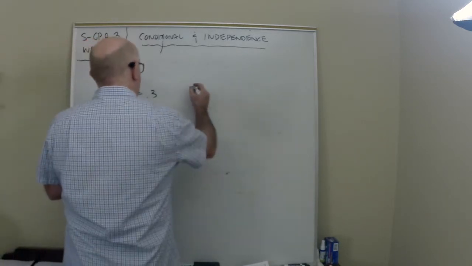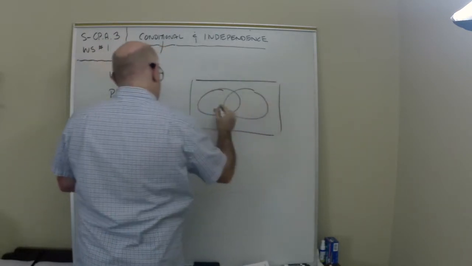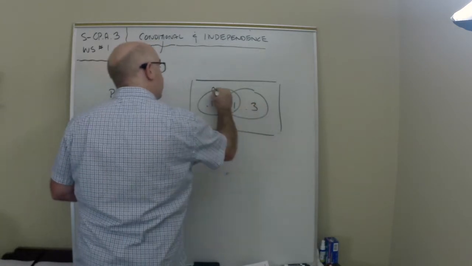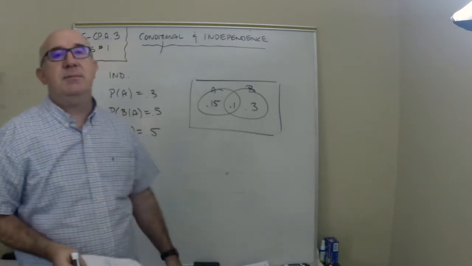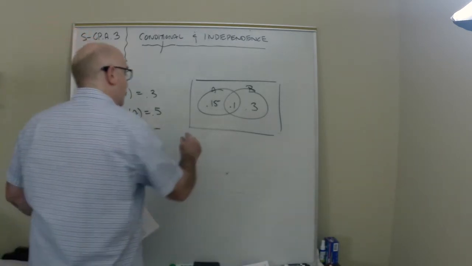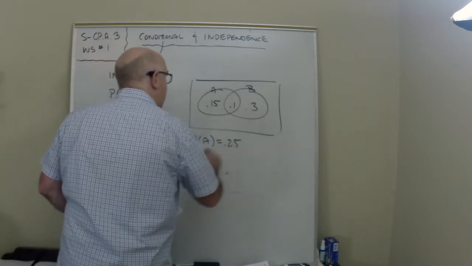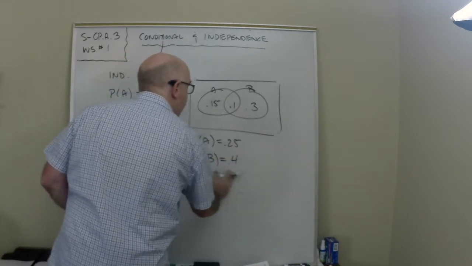Let me give you an example. So let's take this guy here. 0.15, 0.1, and 0.3. This is the probability of A and B. Now, the question is going to be, are these independent? Not a bad question. The probability of A is 0.25. The probability of B is 0.4.